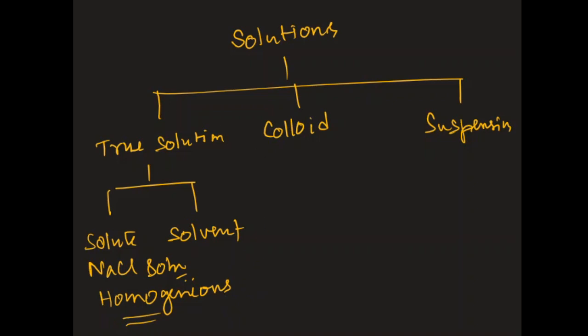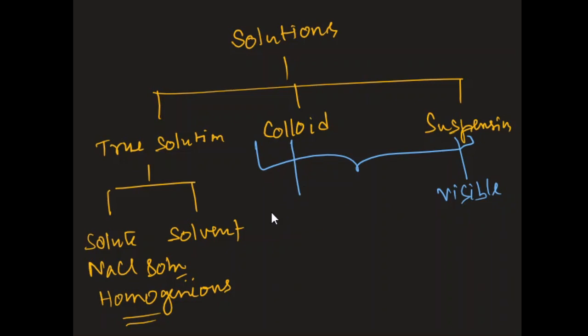But in the case of suspension, we have suspended particles. In this case, these suspended particles are visible to the naked eye. Whereas in colloids, the dispersed particles are very, very small.